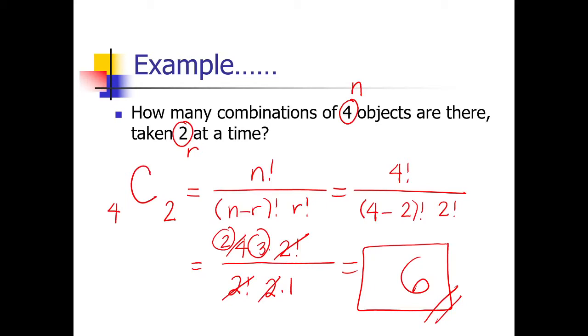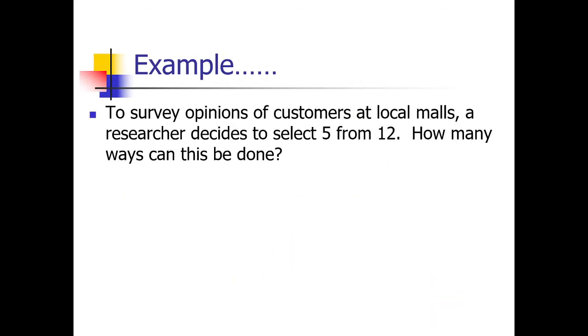Now, let's have our second problem for this session. To survey opinions of customers at local malls, a researcher decides to select 5 from 12. How many ways can this be done? Now, this is my question, section Zircon. Wala ba ko masayop nga nag-combination problem ko ani?